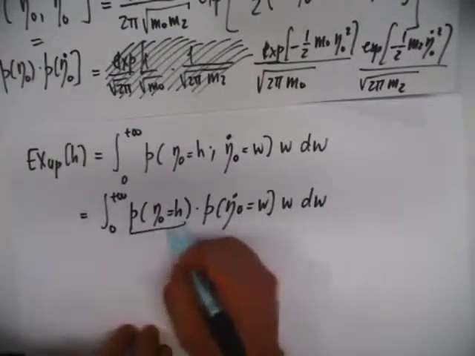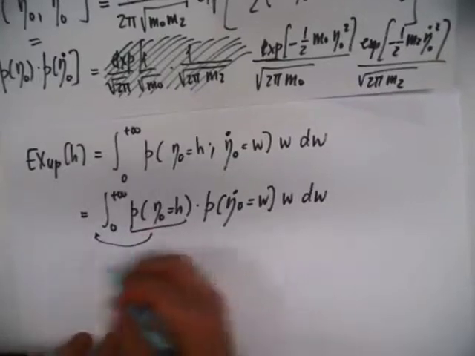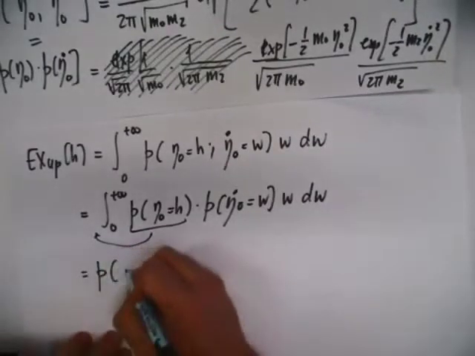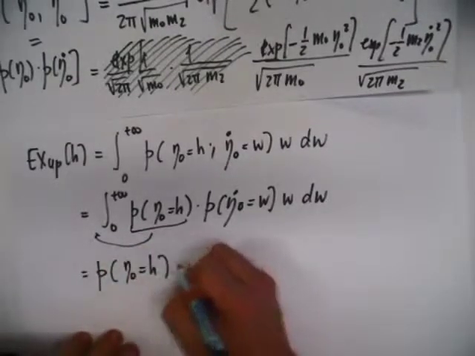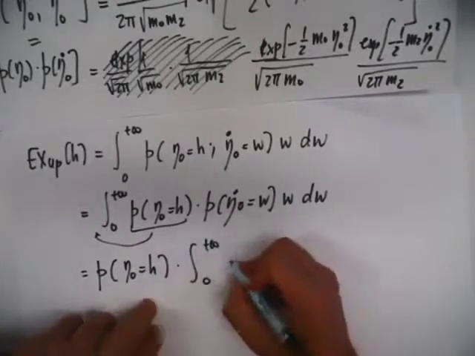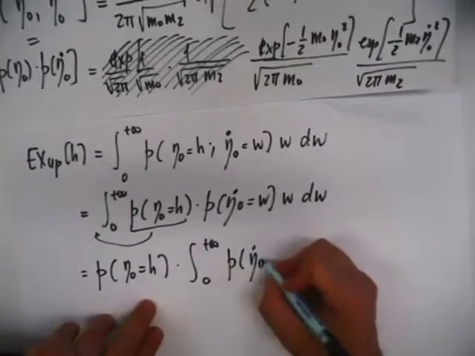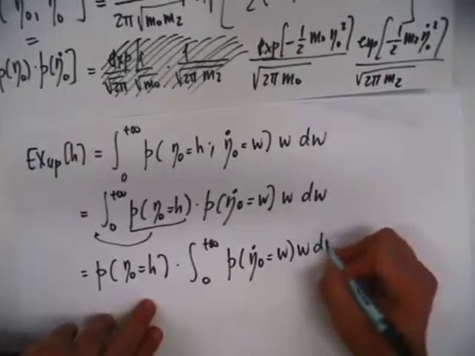So I can bring this outside the integral, so I will have p of eta equal h times the integral between 0 and infinity of p of eta dot equal w, w dw.